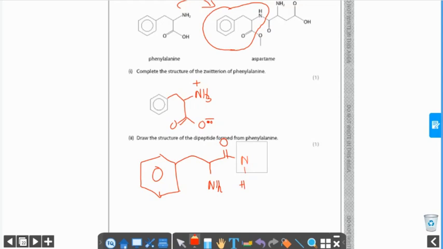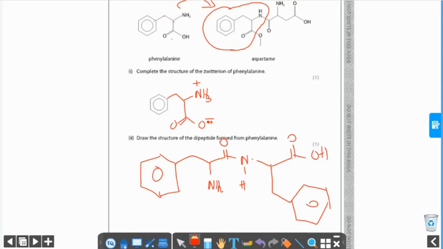So 2 phenylalanine react together. This is 1 of them, and the other one is this. Yes. That's the amide linkage in between.